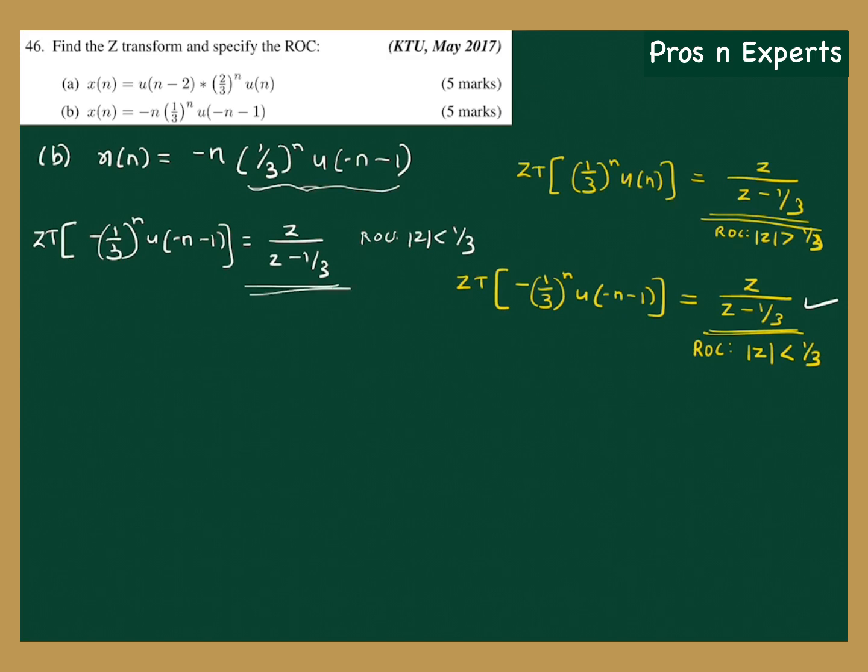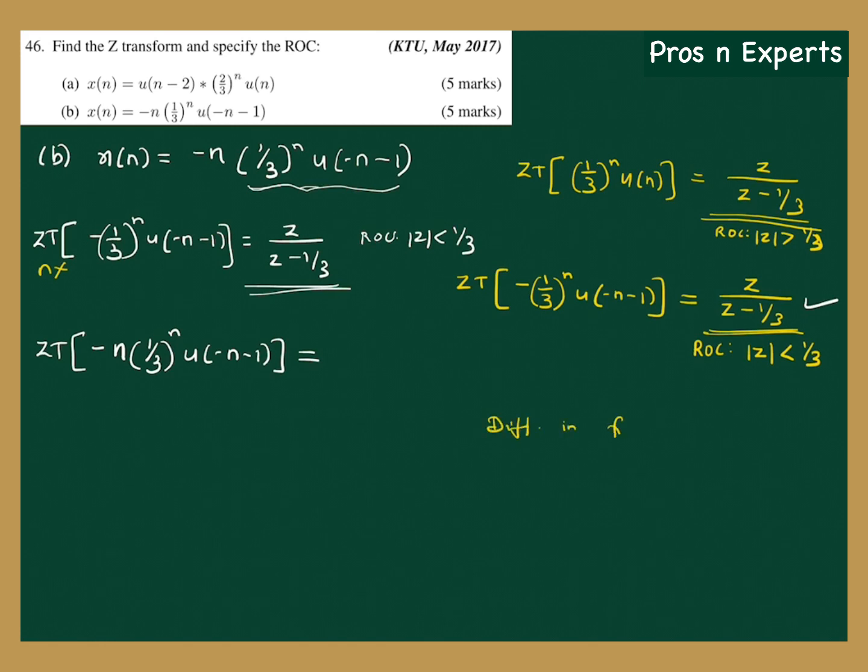Now what is the z transform of minus n into (1 by 3) raised to n u of minus n minus 1, where we are multiplying with n inside the z transform? Again we have to use the differentiation in frequency property of the z transform.